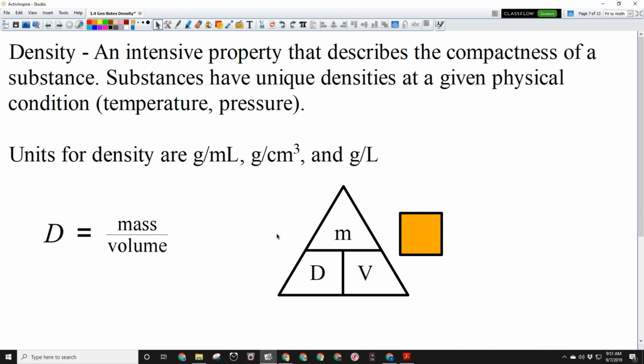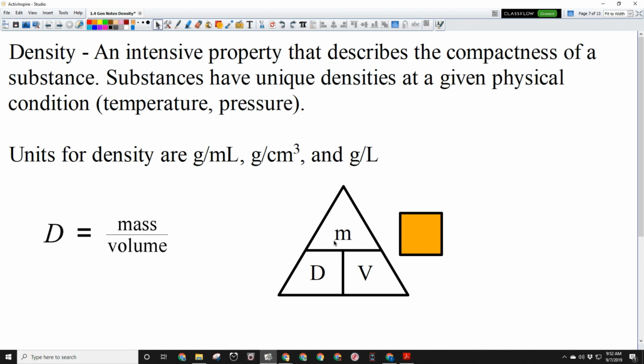All right, and so we have this formula, density is equal to mass over volume. Now I'm going to show you a little trick that you can do. Remember, I told you a trick. One of the requirements of doing chemistry is to know how to do simple algebra when you're rearranging a formula. So when you have 3 properties like this, density, mass, and volume, 3 variables, you can use this little triangle.